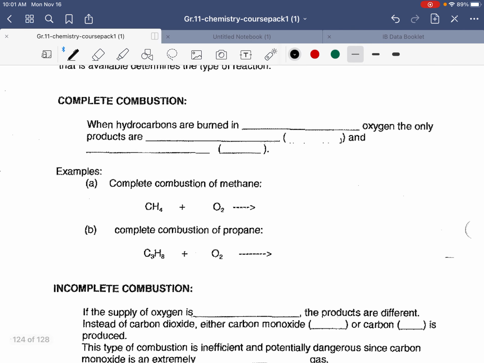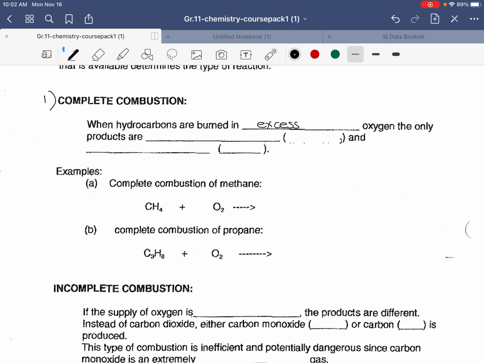Okay, in two types of combustion reaction. We have complete combustion. In complete combustion, we're seeing that the hydrocarbon is burned in an excess of oxygen gas. That means there's lots of oxygen gas, unlimited amount of oxygen gas, oxygen everywhere, unlimited supply.